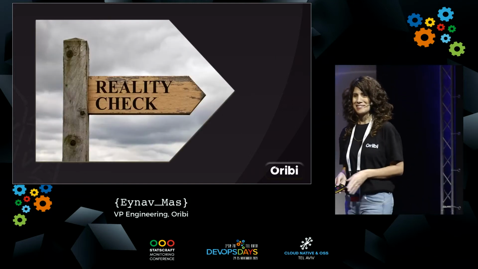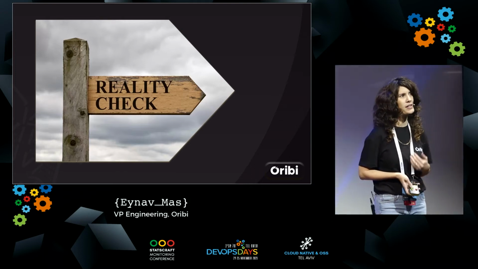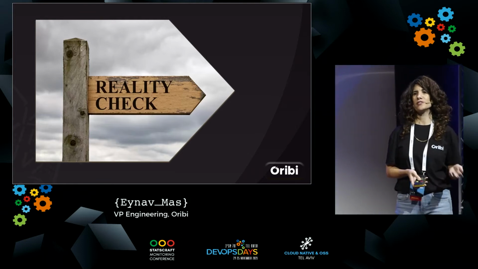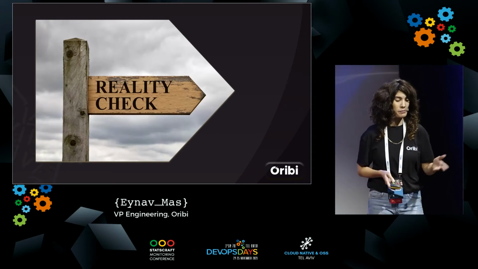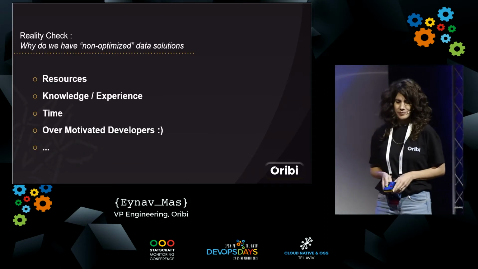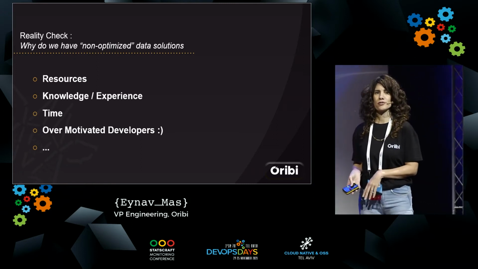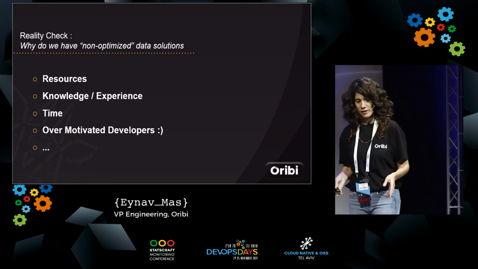Reality check, okay? So why such things happen to us? Why do we encounter such data solutions that do not fit the actual goal that someone planned? First, resources. Usually we don't have the resource and we don't have the budget sometimes to think out big.